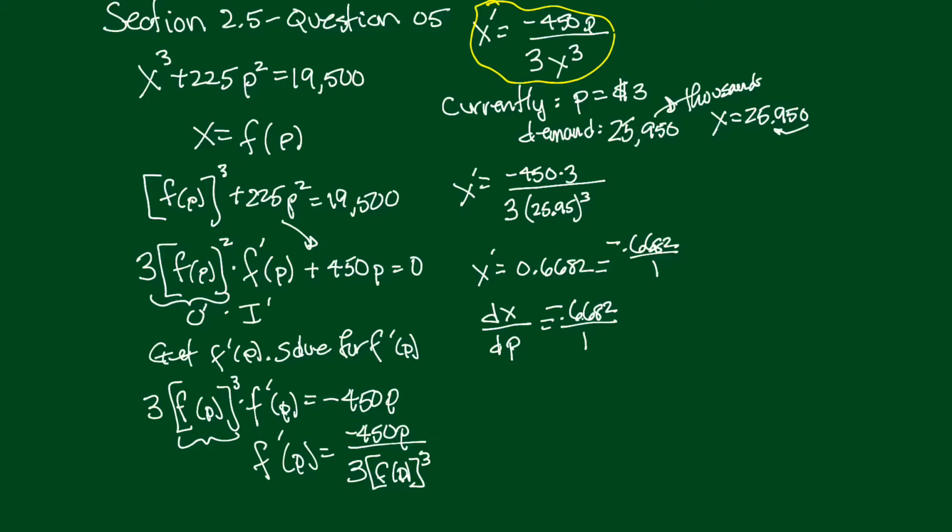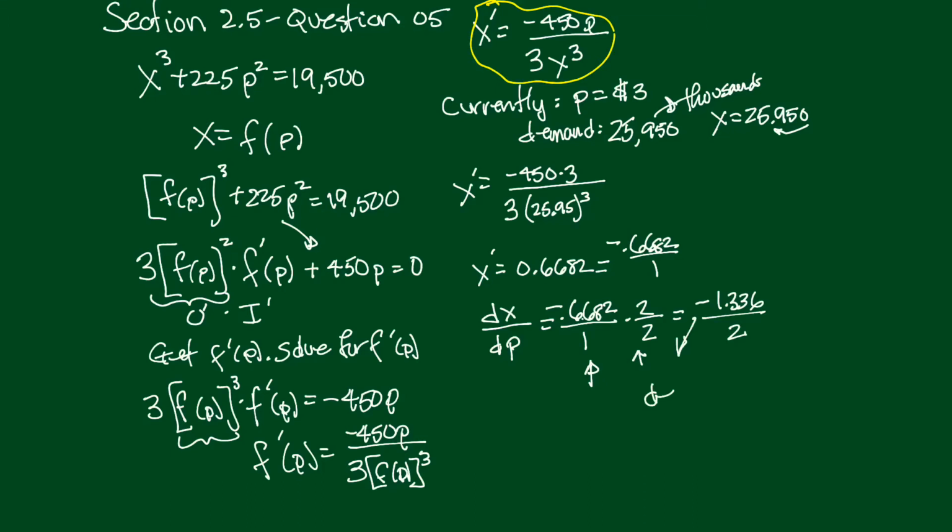But the problem asks, what happens 2 years from now? So what I'm going to do is multiply this by 2. I don't want this denominator to be 1, I want it to be 2. So just double everything. When I do that, I'm going to get negative 1.336 over 2. So we're going to get a decrease, right? There it is.